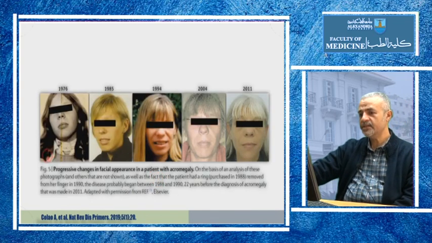And you can see here the slowly progressive change in the face from the 70s up to 2011. We are talking about a time lapse of more than 30 years for this patient to reach from this look to this look.